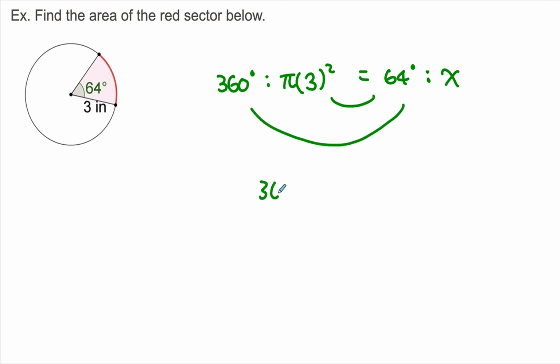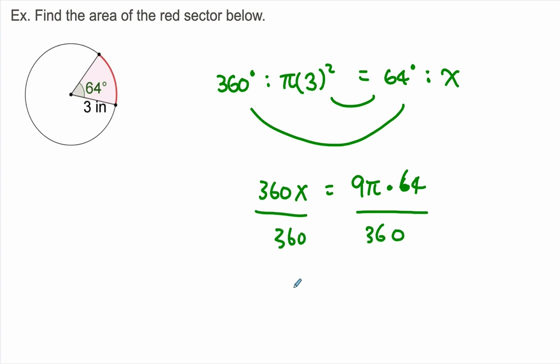Outside, I have 360, x is equal to 3 squared pi, which is 9 pi, times 64. Right? And then I can divide both sides by 360 to find the sector's area. So x is 9 pi times 64 over 360.